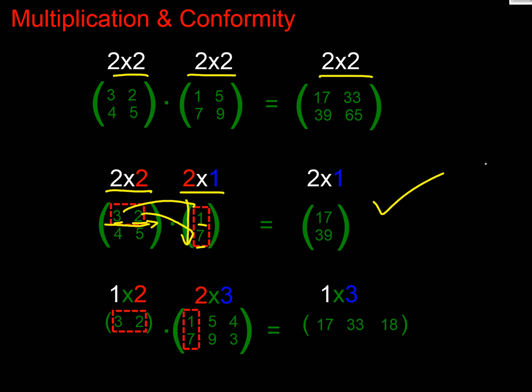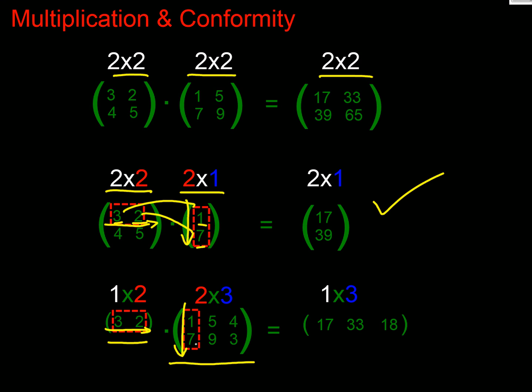And let's have a think about playing around with this. What if I had a 1 by 2 coordinate vector there, and I'm going to multiply that by a 2 by 3 matrix? Well, again, if I look at that row there, it's got 2 items in it, 3 and 2, and I'm going to do the operation with that first column.